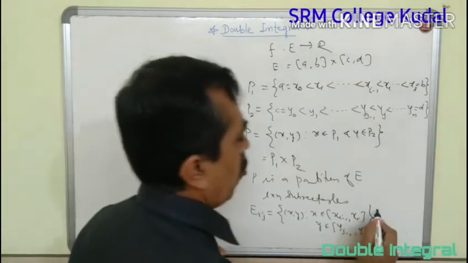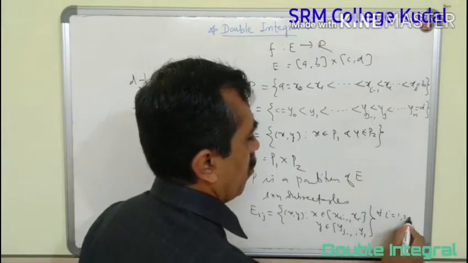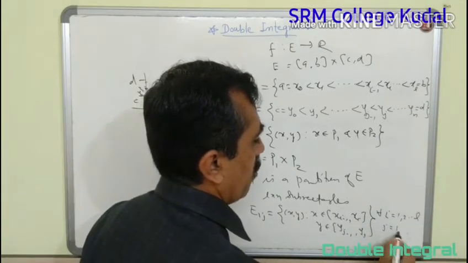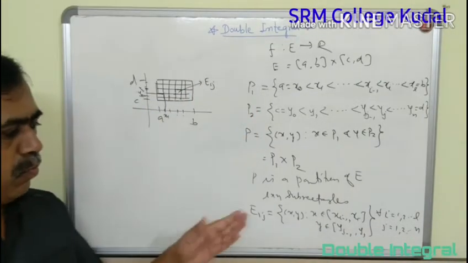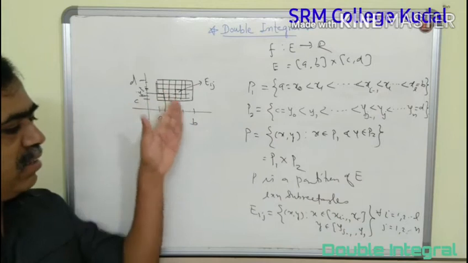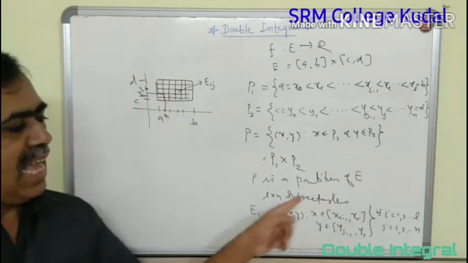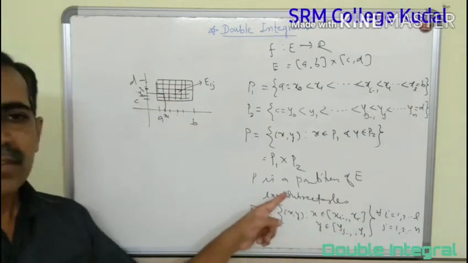This is true for all i equal to 1 to L and j equal to 1 to n. So this is how I have partitioned the rectangle E into L into n number of subrectangles.